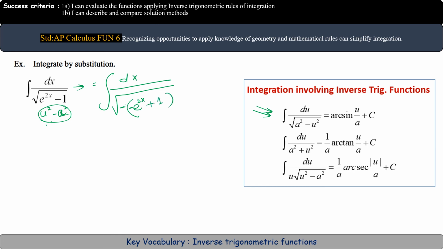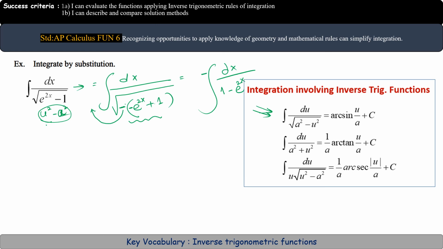If I write the minus as a common factor, then I will go back to my original position. Now this minus, I can write it outside the integral sign, dx over, and I can rearrange this as 1 minus e to the power 2x.